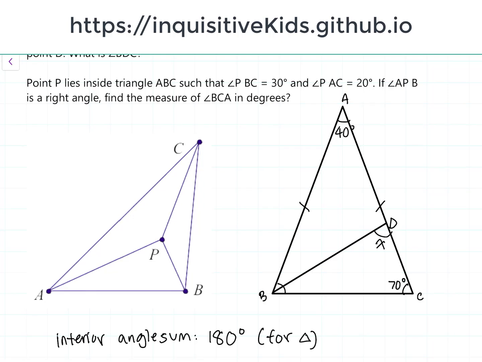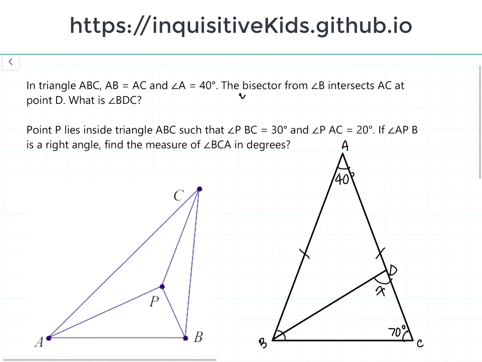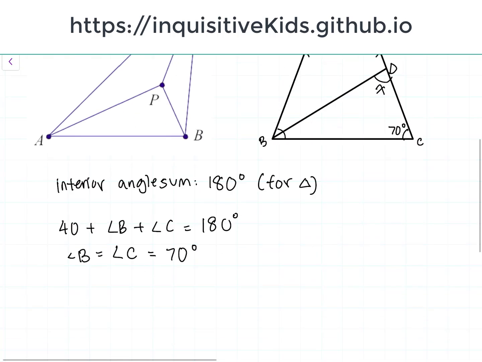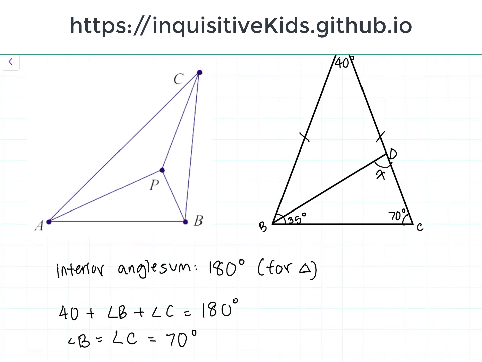Now we have to define a very important word here, a bisector. What is a bisector? Well, a bisector, if you break it apart, bi and sect, is just a line segment that splits an angle in half. So it's bisecting 70 degrees, meaning that this part right here is 35 degrees. Now we're trying to find X. We now see that we have 2 out of 3 angles of another smaller triangle.